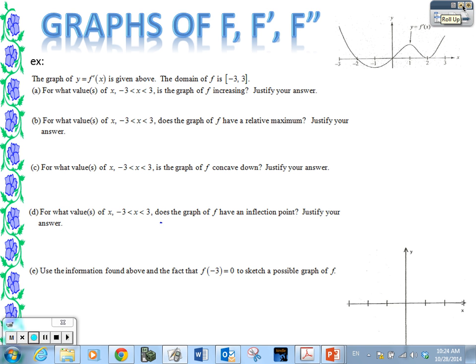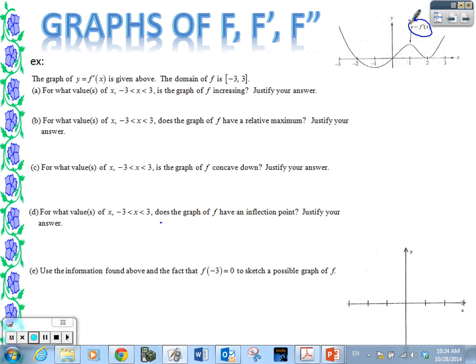One of the most important things, and we've talked about this before, is to recognize what kind of graph you are looking at. I don't want you to waste valuable time interpreting a graph the wrong way. Very first thing, this is a graph of the first derivative. And I would circle it. If I was working this paper, I would do something to draw my attention to the fact that it is a first derivative graph.